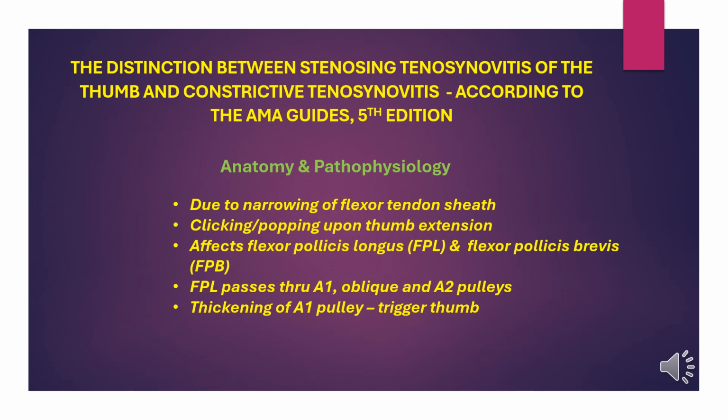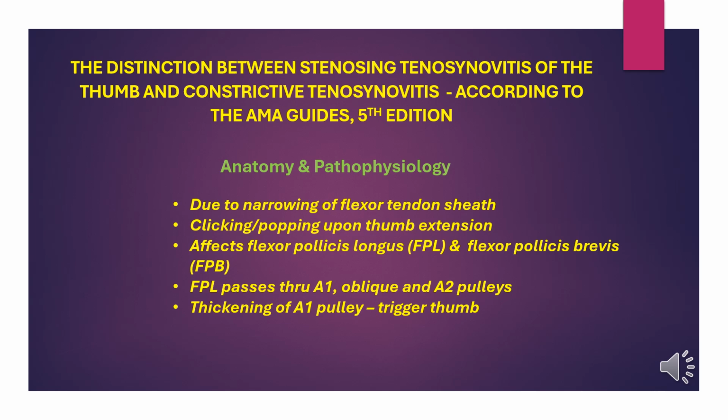Now, the condition affects both the extrinsic flexor pollicis longus, the FPL, and the intrinsic flexor pollicis brevis, the FPB, with the FPL tendon passing through the A1, oblique, and A2 pulleys, with the A1 pulley positioned most proximally and the A2 pulley situated most distally.